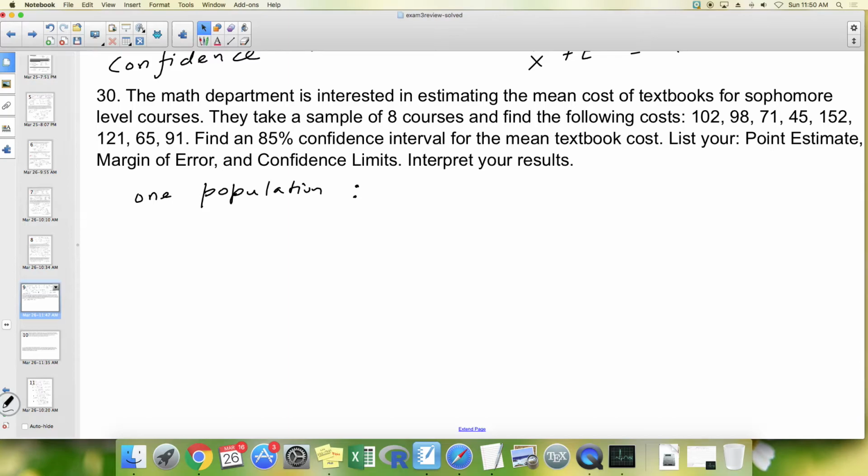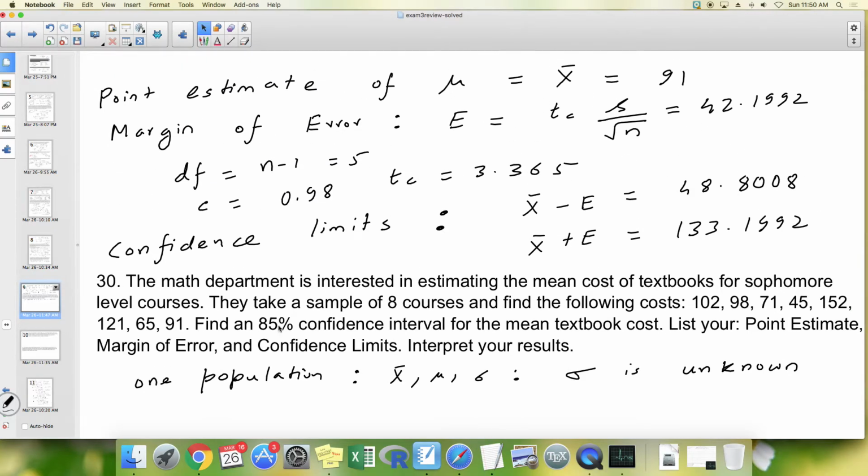It is x bar, mu, sigma, those kinds of things. Next, is sigma known or sigma unknown? Sigma is unknown. Okay, so same as the previous problem.